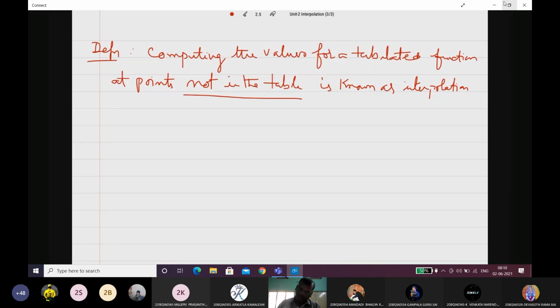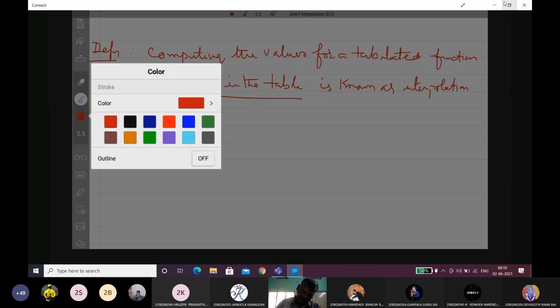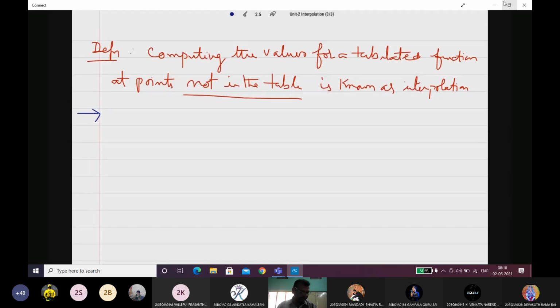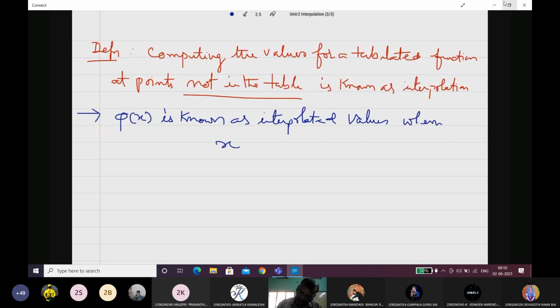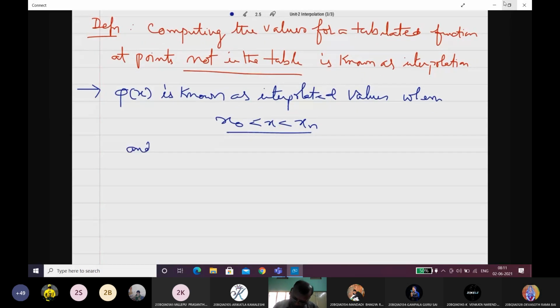Now, note down the next point. Pi of x is known as interpolated values when, this is very, very important, x0 is less than x is less than xn.